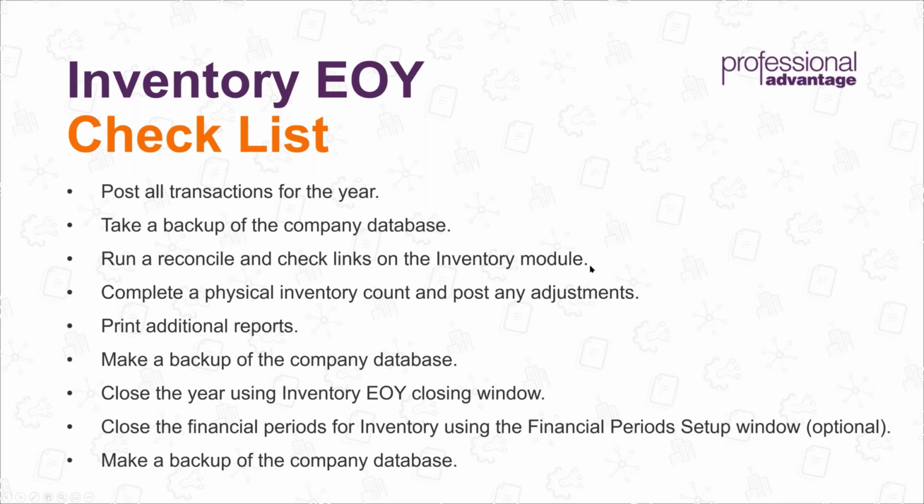Now, this is just part of the database maintenance we recommend you do. Usually when you run check links on a module in GP, depending on the data integrity, if there are issues in the database, at the end of the check links process you usually get an error log report.